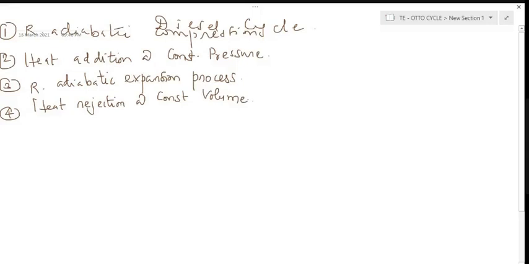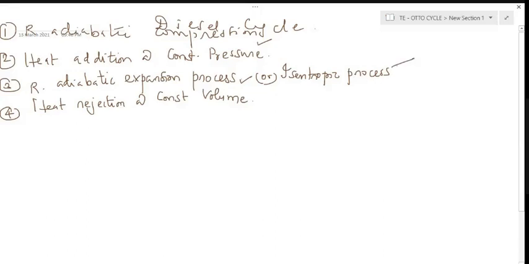So these are the four processes involved in the diesel cycle. The first and third processes are reversible adiabatic processes, already we know that, otherwise called isentropic processes.